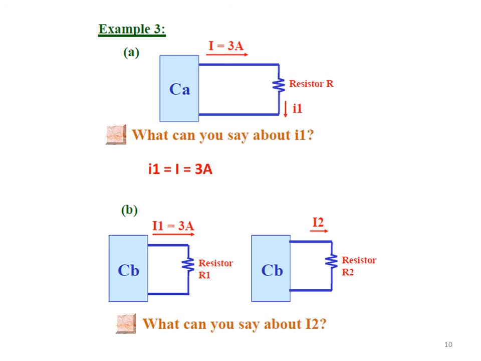Okay, and in 3b we have a circuit CB. On the left we have a current I1 equal 3 amps and resistor R1, and on the right we have the same circuit CB, but with a different resistor R2. So the question is, what can you say about I2?